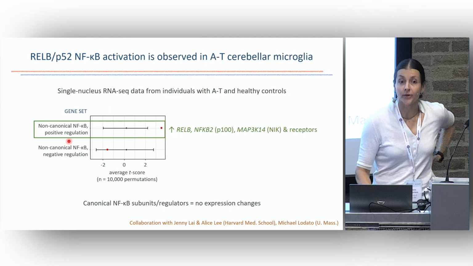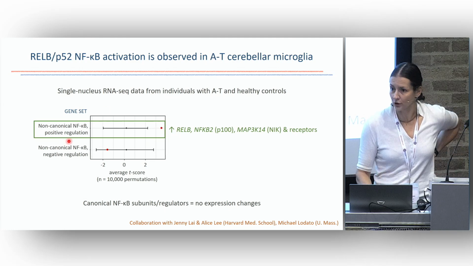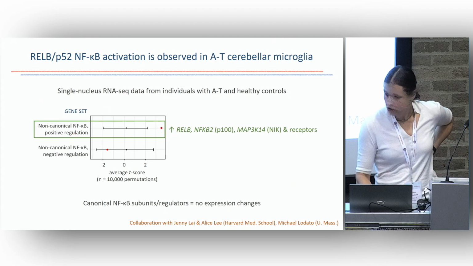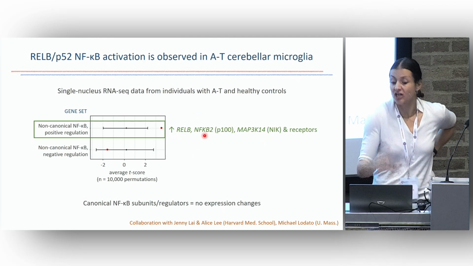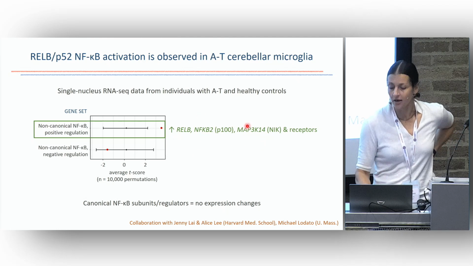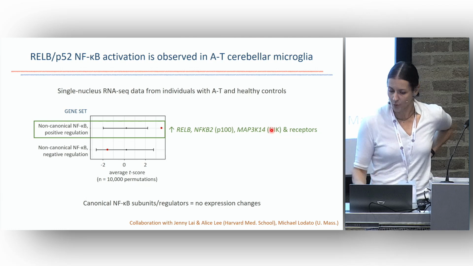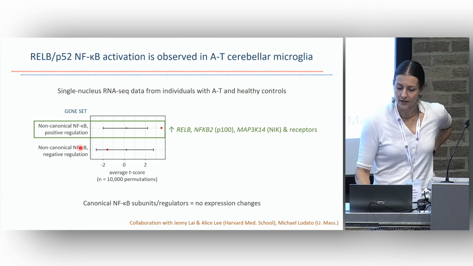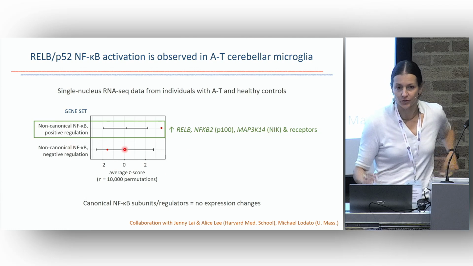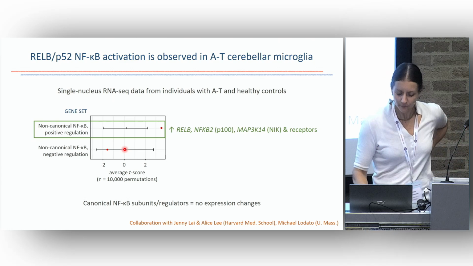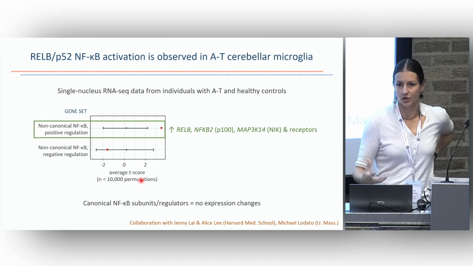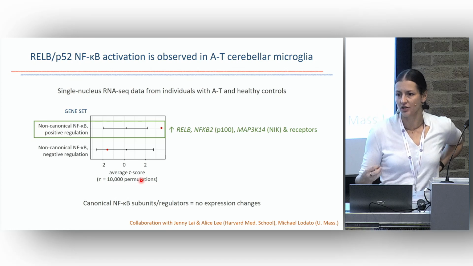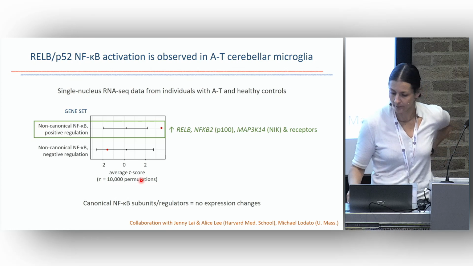This is true for positive regulators of non-canonical NF-kappa B, such as RelB, the p100 gene, NIK, and some receptors as well. We don't see any significance with negative regulation of the pathway. We also see no expression changes that indicate activation of the canonical subpathway.